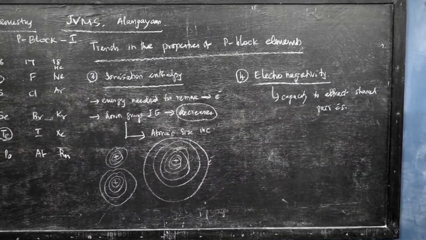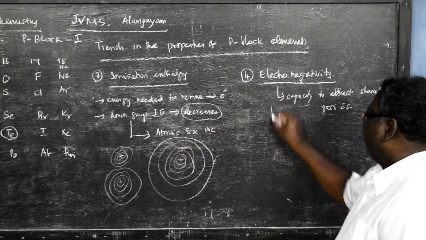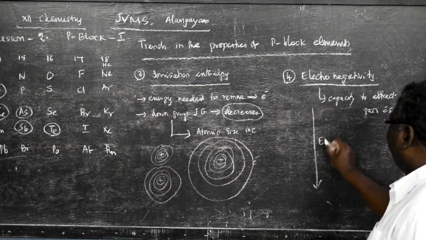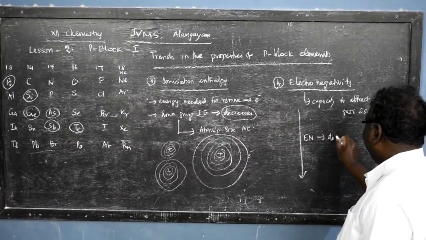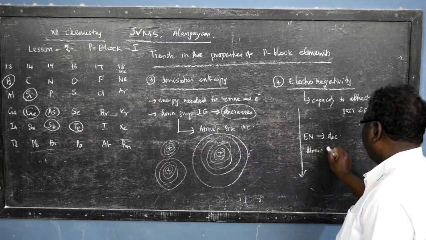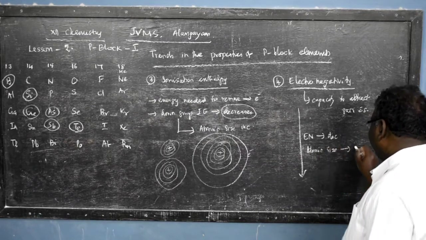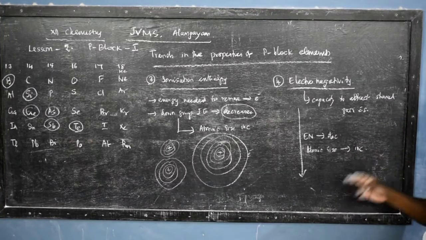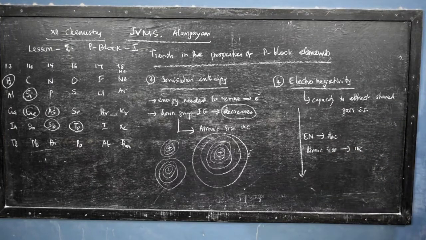If you take any group, when you go from top to bottom, the electronegativity value is found to be decreasing because the atomic size is increasing.